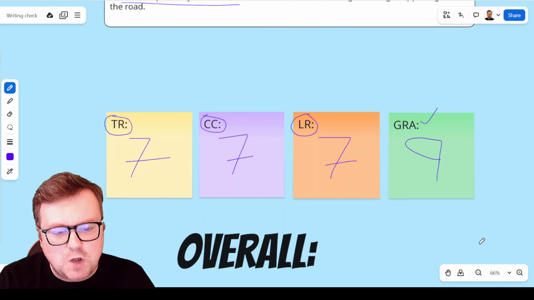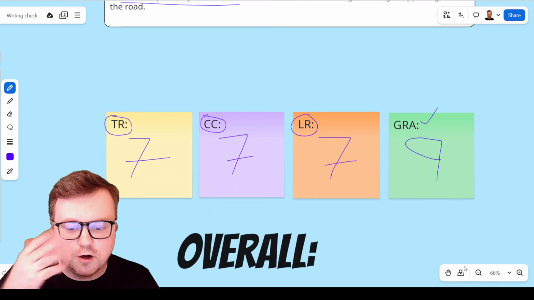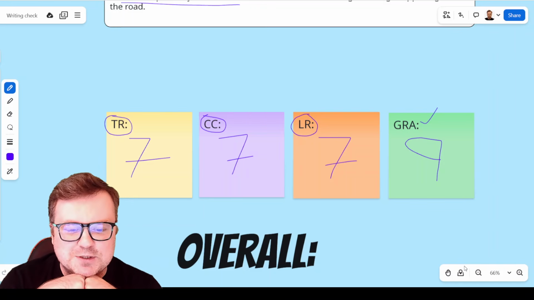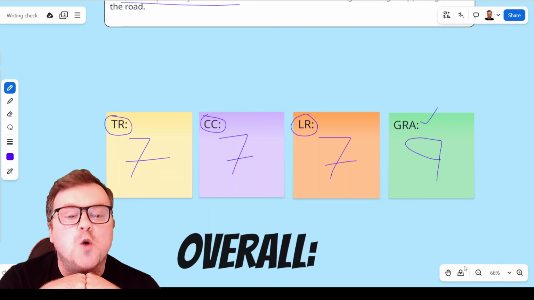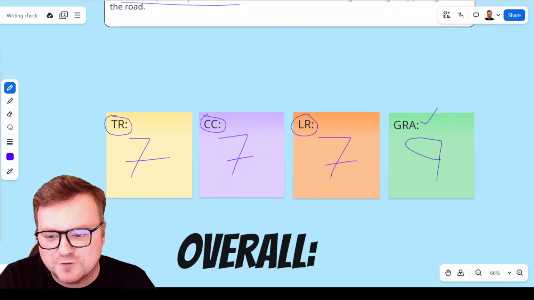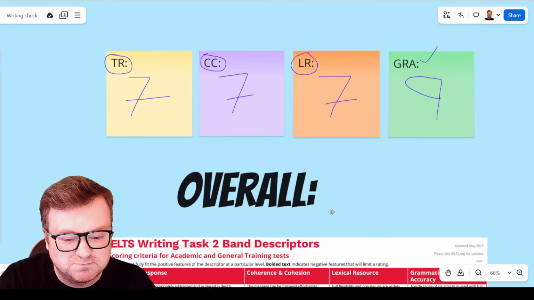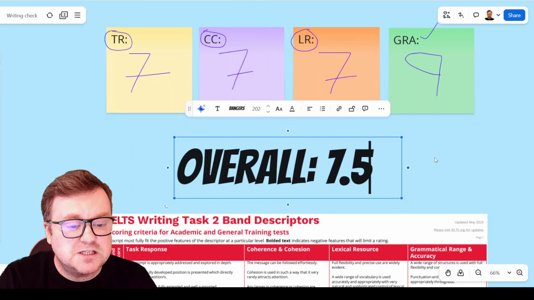So overall, this gives the candidate a score of, let's just work this out. 7778 would be 7.25, which means 7779 will be a 7.5 overall. Middle of C1. I think that's fair.